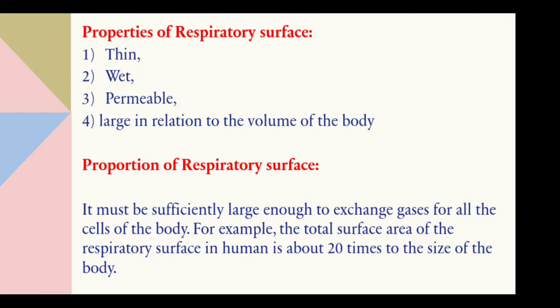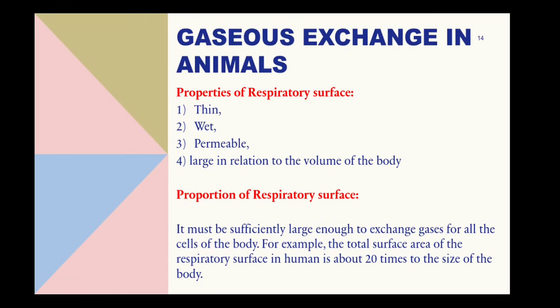Therefore, the surface area to absorb oxygen has to be large. For example, the total surface area of the respiratory surface in humans is about 20 times the size of the body. That is how Allah has beautifully fitted that surface inside our body, and we are just 2 lungs, and we are able to exchange the gases.